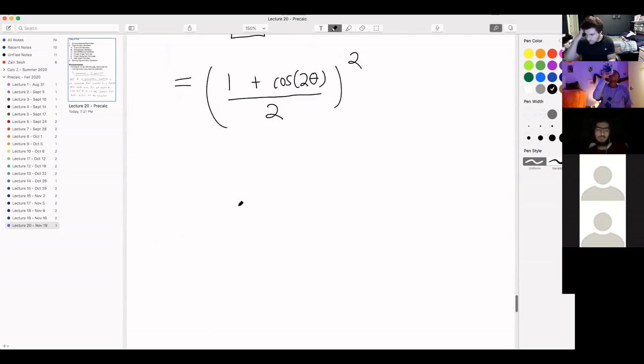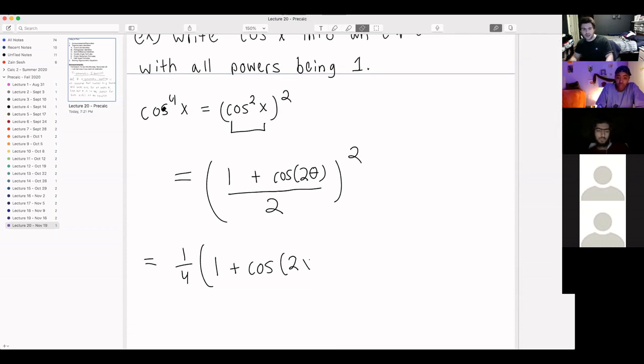All right, very good. So now you can just algebraically manipulate this. You can bring out the 1 over 2 squared as a 1/4. And now you can square the numerator. This will become 1 plus cosine of 2, oh sorry, this is in x's. That should be cosine of 2x.